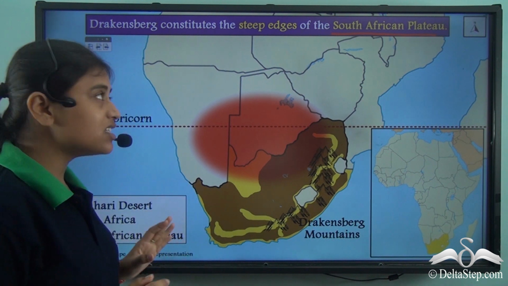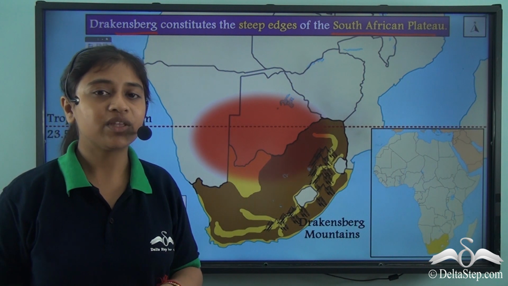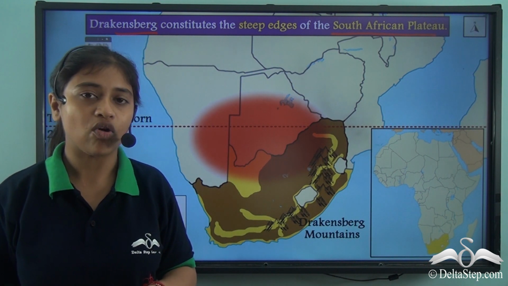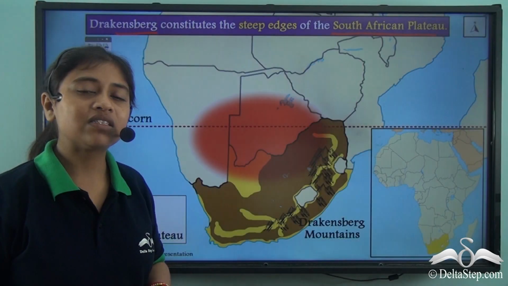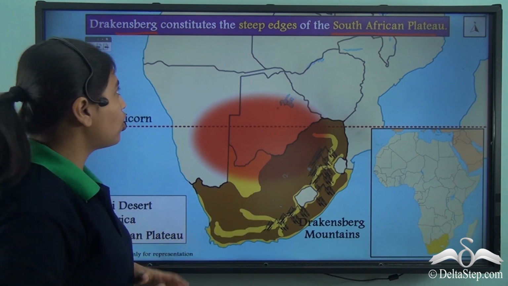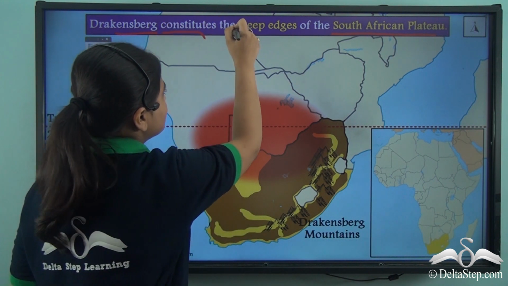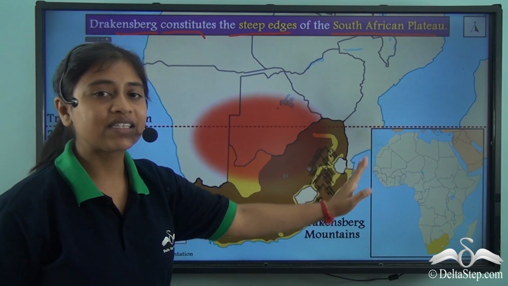Here the Drakensberg Mountains, if you remember from the last lesson, is one of the most important mountain systems of the continent. The Drakensberg Mountains form the eastern part of the South African Plateau, constituting its steep edges to the east.